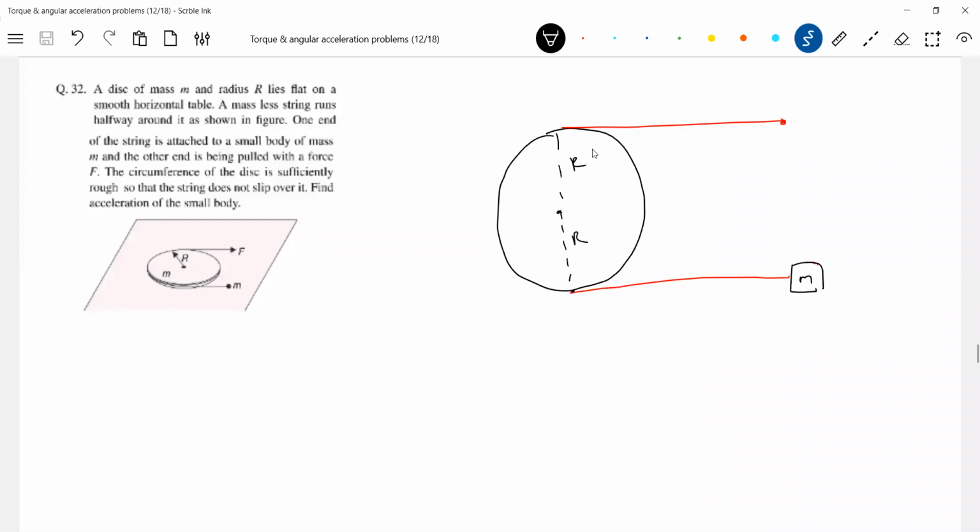Read the question and draw the diagram like that in your notes. You draw one diagram, then check what all forces are acting.